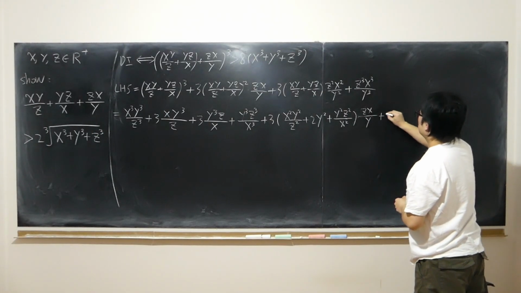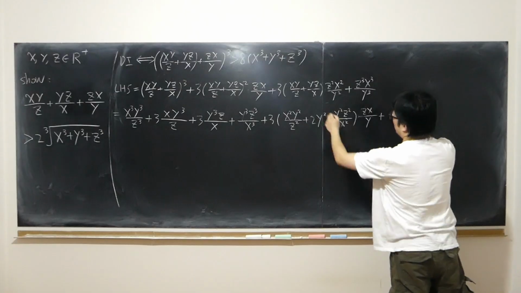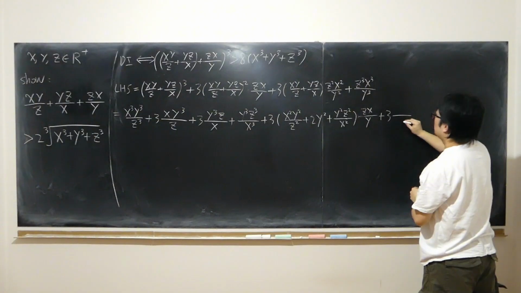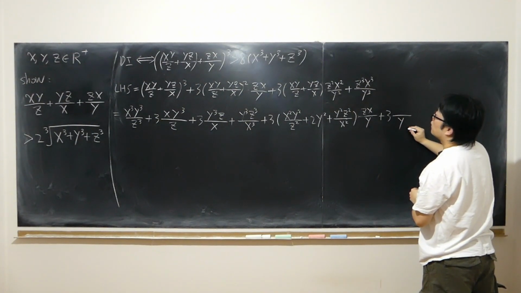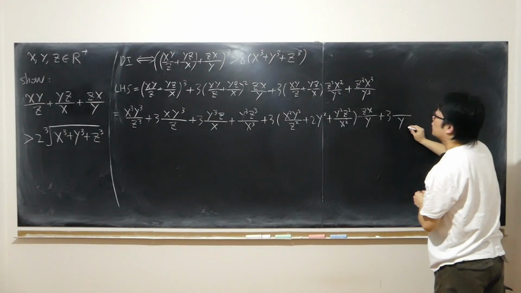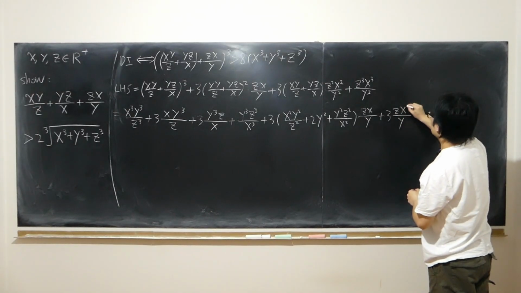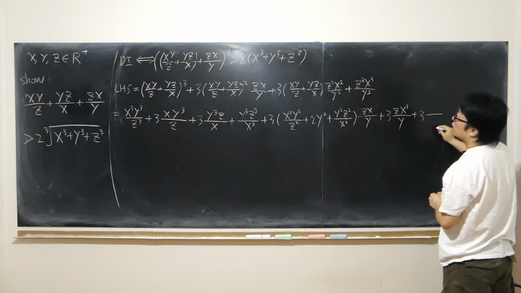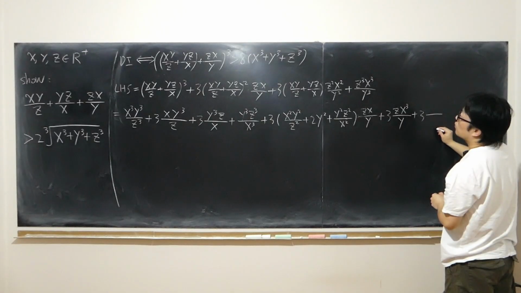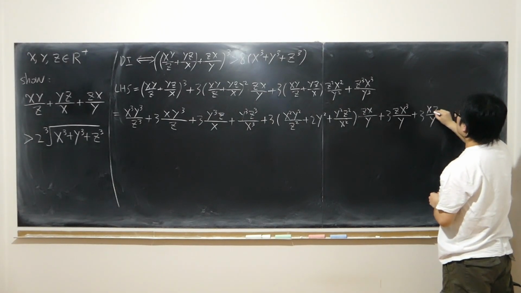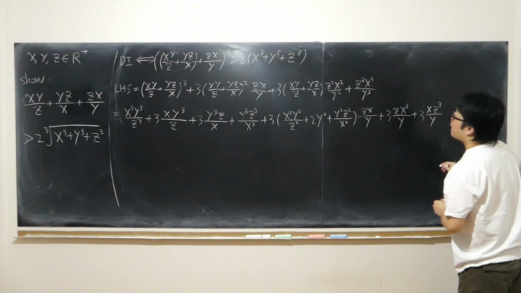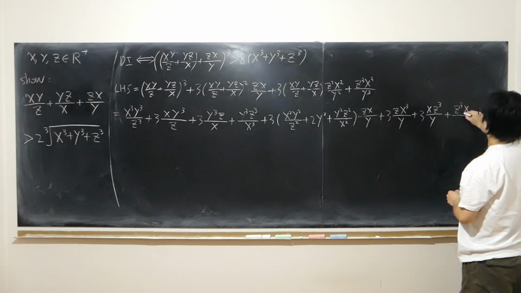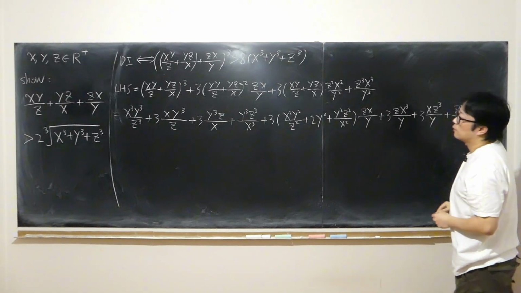Okay, so plus 3 times, expand this one, 3 times, now we have y, zx cubed, plus 3 times y x z cubed. Copy down this term, y cubed. Okay, that's what we have.